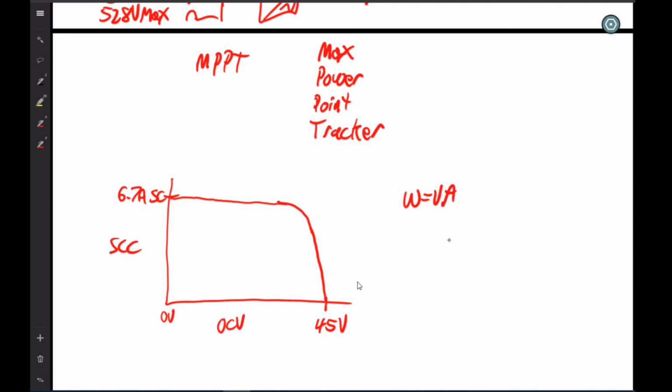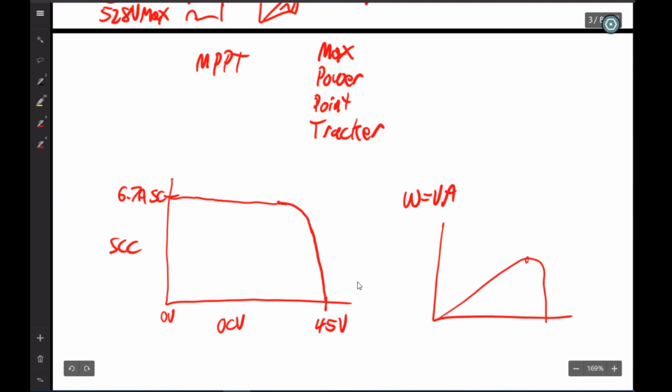If you graphed power over voltage, it looks something like this, and the peak is right there. Okay, fine. Is the peak here with a high 6.7 amps, or is it over here with a higher voltage and a little bit less current? And there's a tracker that figures this out.